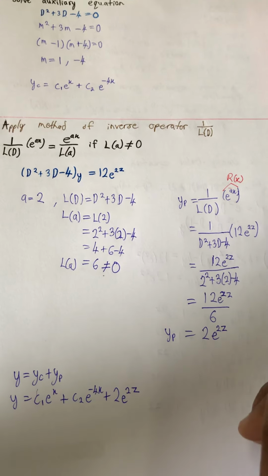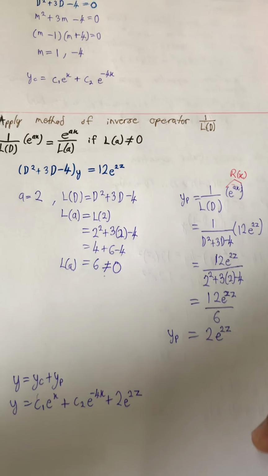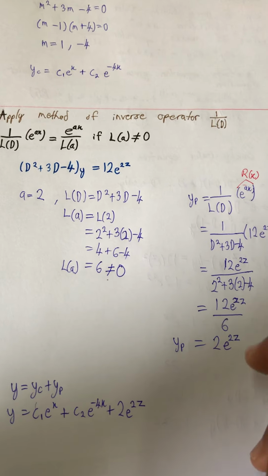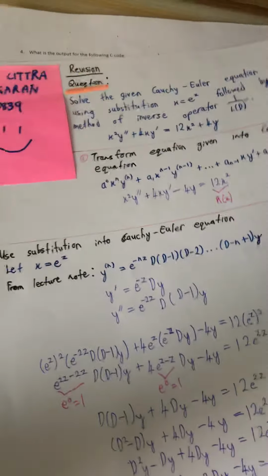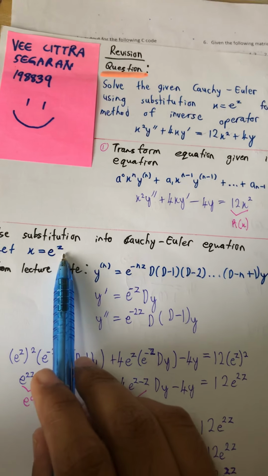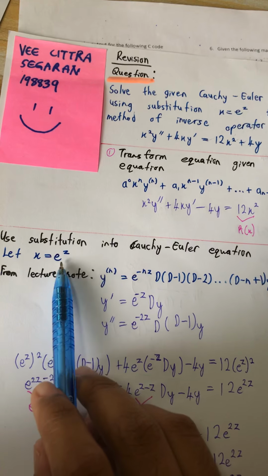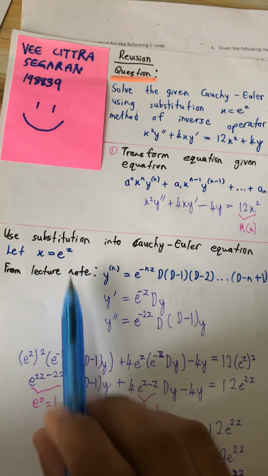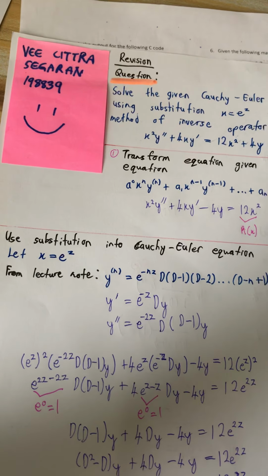And then noted here that just now we used the substitution where x equals e to the power of z. So we need to substitute back.